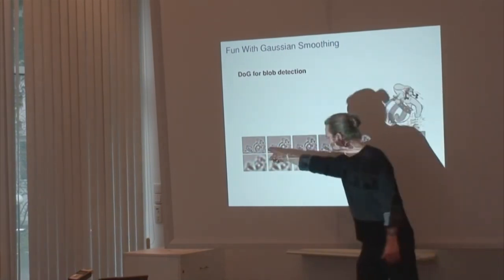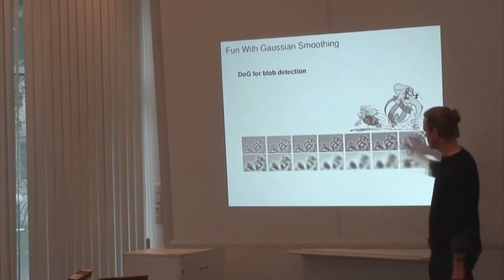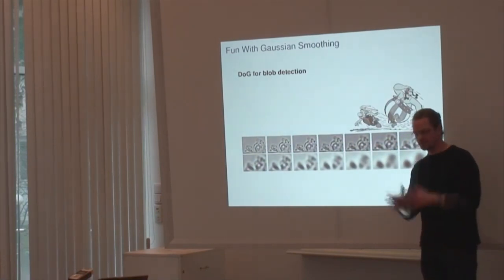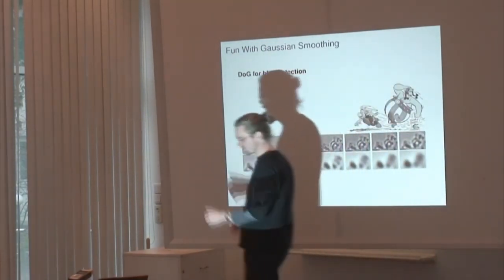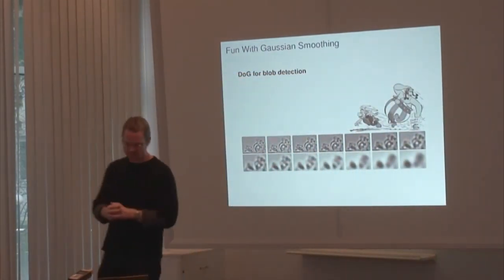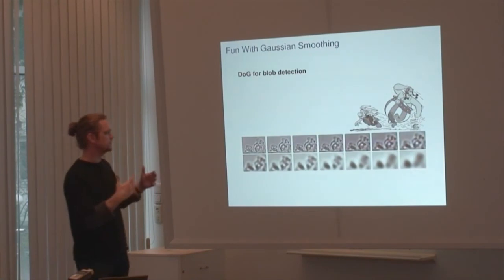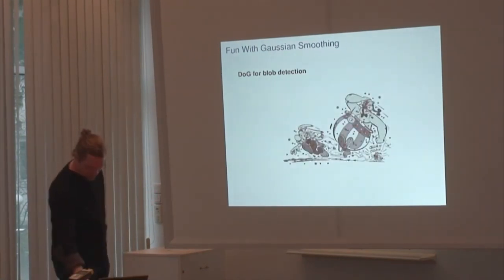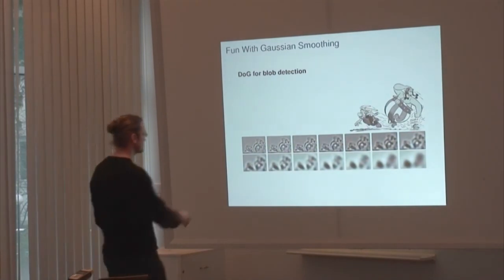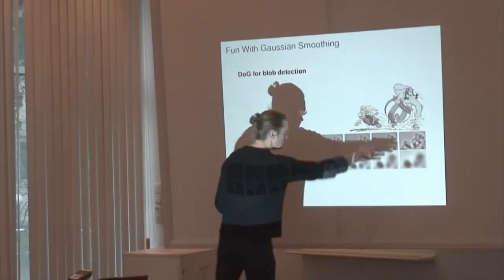But all those 14 images are actually differences of Gaussians. They result from subtracting two smoothed versions of the original image from each other.